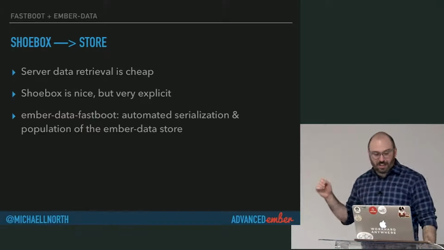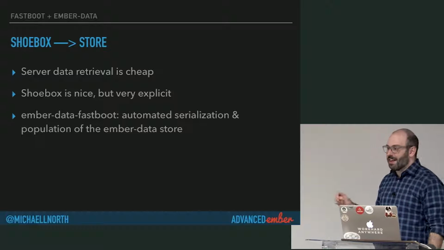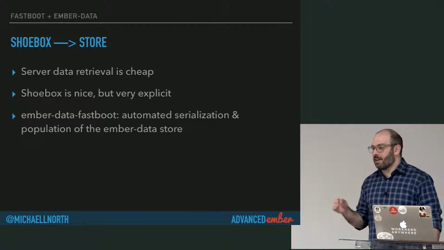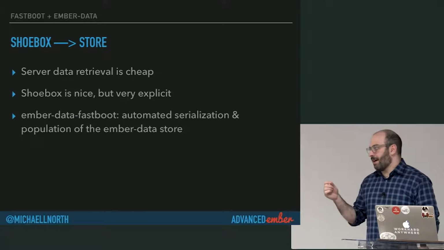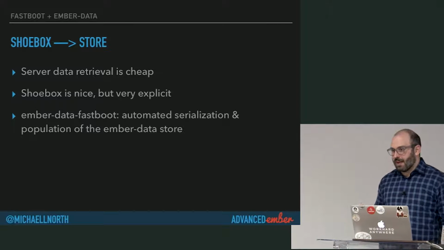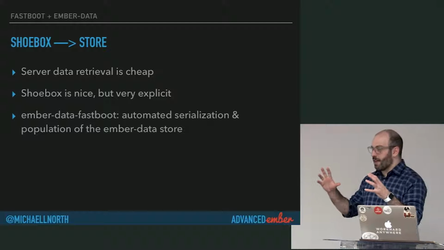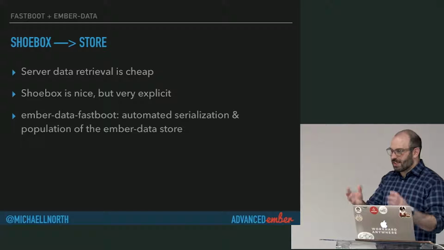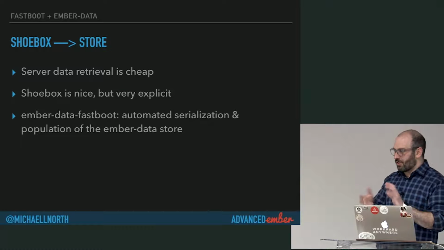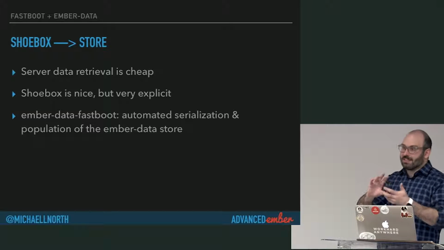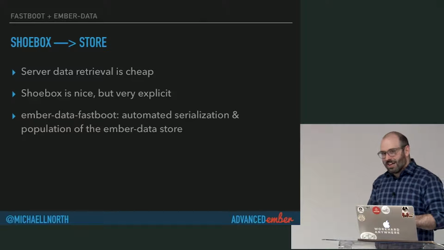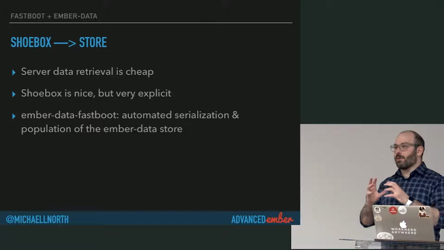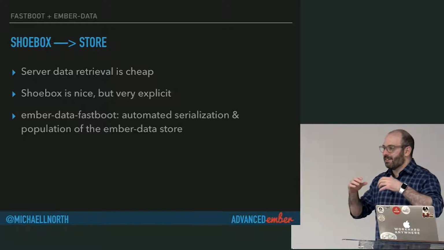The add-on I'd advise you use is called Ember Data Fastboot, and this basically means that if you're retrieving data through Ember Data, this will take care of it for you. It will capture all of the responses that you get and put those JSON API structures that they eventually get transformed into, which is not only a good JSON contract standard to use, but is the internal representation of Ember Data.